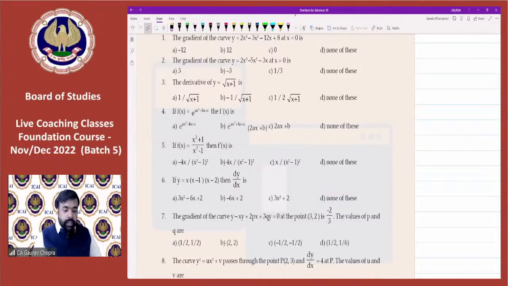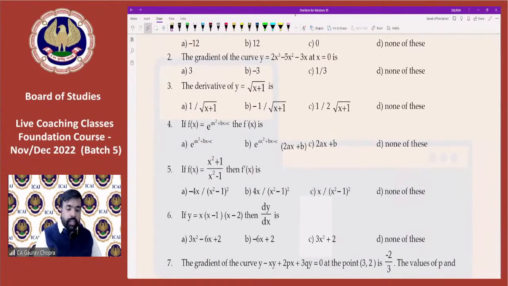The derivative of the third one, we can try the third one. The derivative of y is equal to root of x plus 1. So what will be the result? We have done many questions similar to this. So it will be 1 upon 2 root of x plus 1. Option number C.